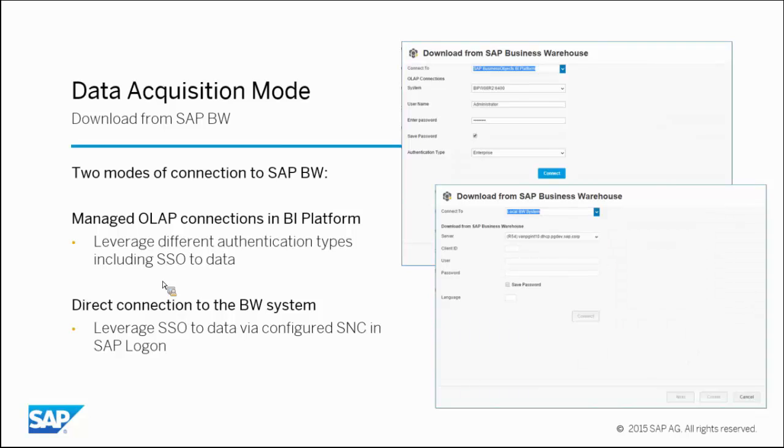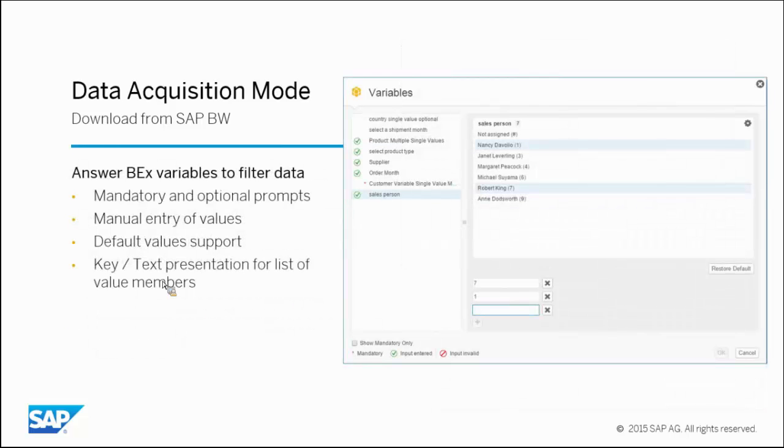The other option is direct connection to the BW system. That is, you can type in the details of the BW system in the desktop, or you can pull in the pre-configured BW system details from the SAP Logon GUI. In both cases, you can connect to BW system from the desktop and continue working on it.